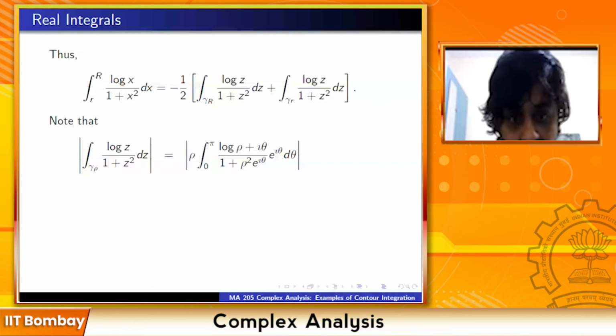Shouldn't it be e to the 2 theta? Yes, it should be 2 theta.